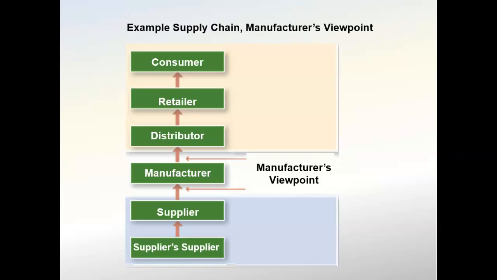Figure 9.2 on this slide illustrates a simplified supply chain, presenting terminology helpful when navigating these networks. Organizations and activity positioned between a business and the end customer of a product are said to be downstream of that business. Figure 9.2 positions its labels from the manufacturer's viewpoint so that the distributor is logistically downstream.